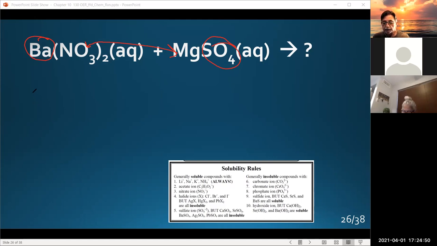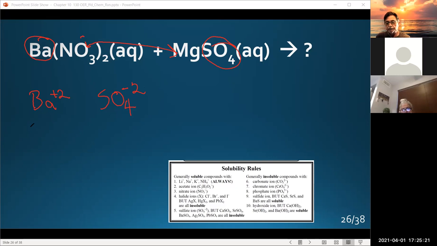All right, so barium is a group 2 element, and so it will be a +2. If we forget, note this: nitrate is a polyatomic ion, each one has a -1. There are 2 of them, so that infers that barium must be a +2, okay? The sulfate, using the polyatomic ion table, has a -2 charge.